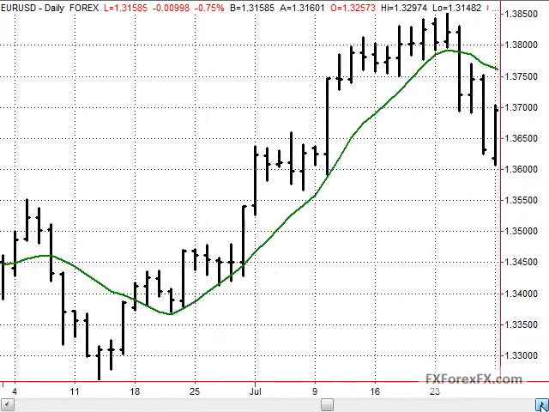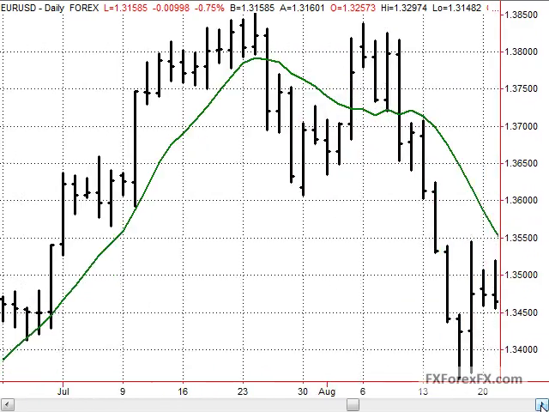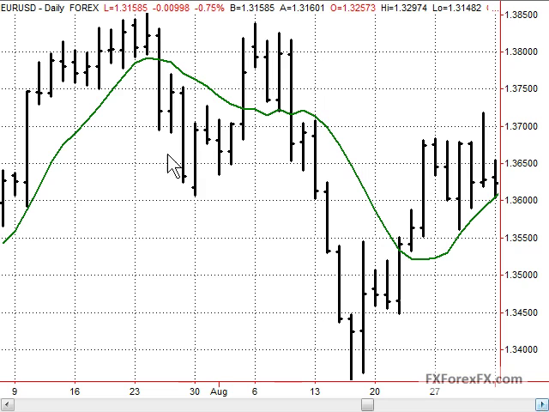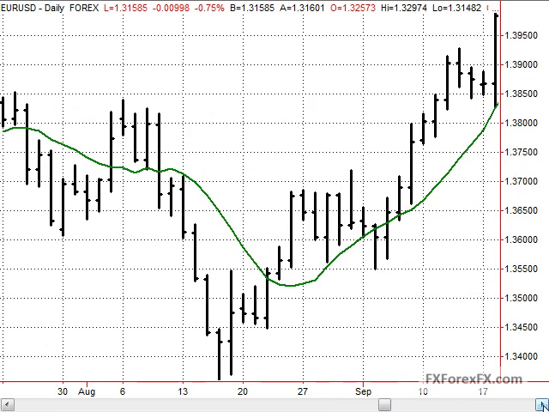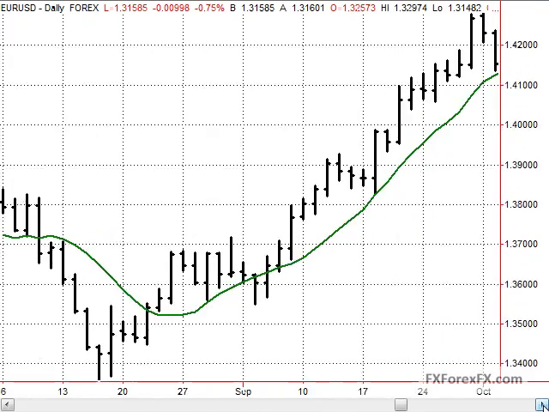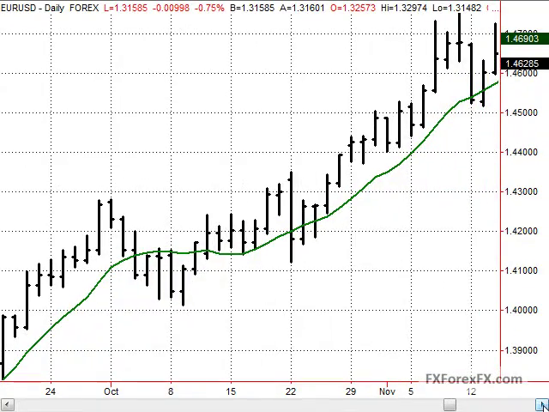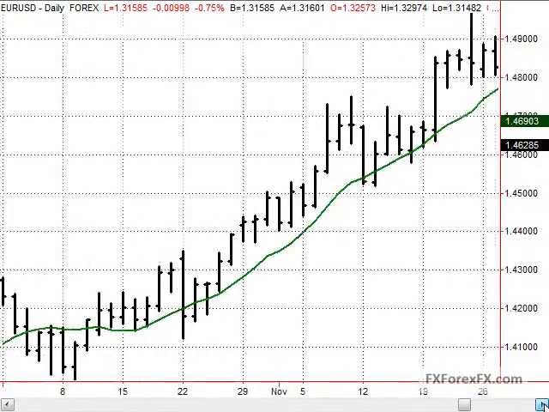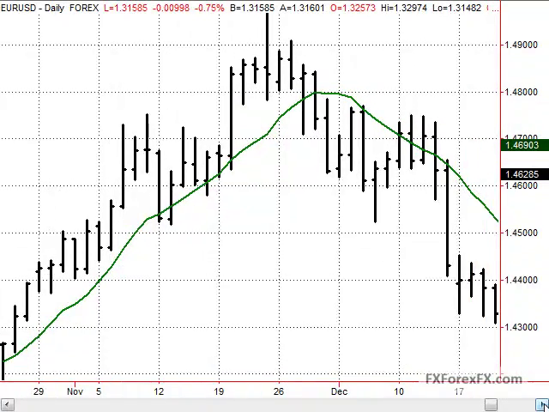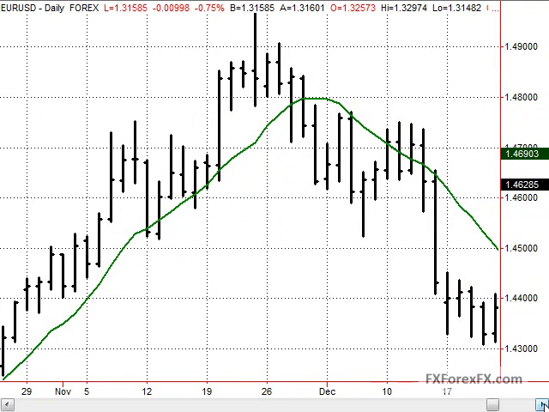I'm just scrolling through so you can take a look at some of these, just to get an idea of what everything looks like. Moving average here, prices moving above and below the moving average. Okay, now, oftentimes, the simplest way to use a single moving average is to take the trade in the direction of the trend.